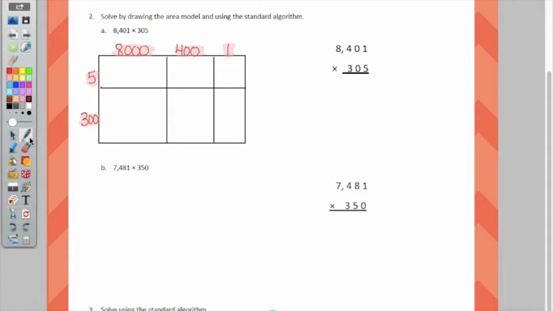Also, what else have I been writing in? I'm going to write it over here. 8,401 times, what's my first problem? 5. Okay. And 8,401 times? 300. Okay. So it looks to me like we're going to have no zeros on the first row and then 2 zeros on the second row when we do the standard algorithm. Okay, you check your multiplication and addition with mine, okay?